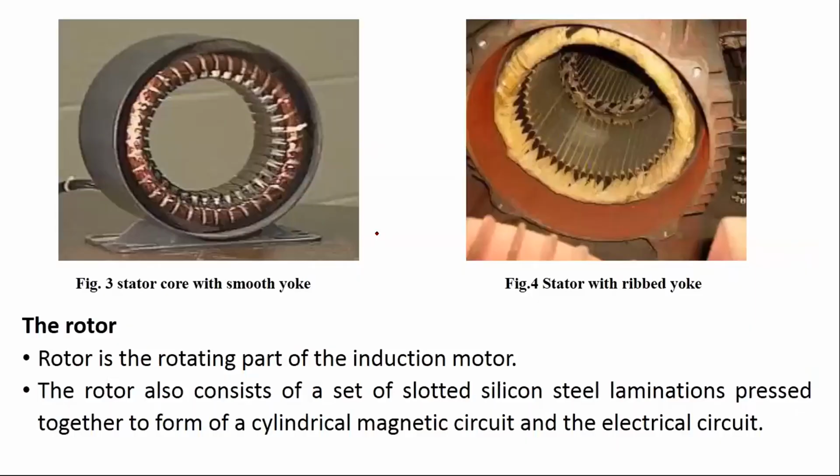Now the rotor part, basically. Now you can see here this is the stator, the outer one. This outer part is basically known as the yoke, or you can say the outer cylindrical frame. Within this frame you have this winding.